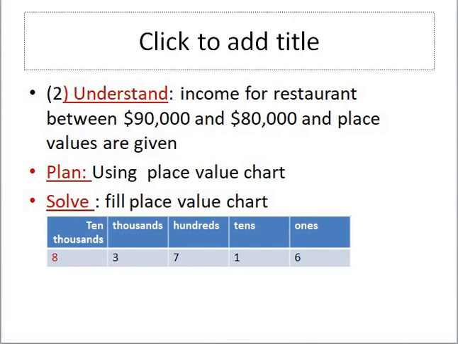What do we have in ones? What do we have in tens? In hundreds, in thousands? And they tell us that it's less than 9, so I cannot put 9 in 10,000. So I find out that the number is 83,716. Okay, let's go to the question after it.